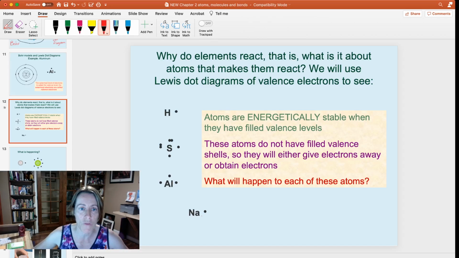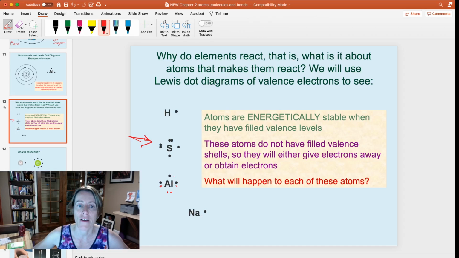So for example, sulfur. If we look at sulfur again right here, sulfur can either try and pick up 2 electrons, 1 to go here and 1 to go here to make this a full shell, or it could try and throw away all 6. So what's it going to do? Is it going to try and throw away 6 or find 2? Well, 2 is probably easier than 6, so it's going to try and find 2. Aluminum, on the other hand, it's got 3 electrons. So to get up to 8, it's either going to have to find 5 more, 1 here, 1 here, 1 here, 1 here, and 1 here.